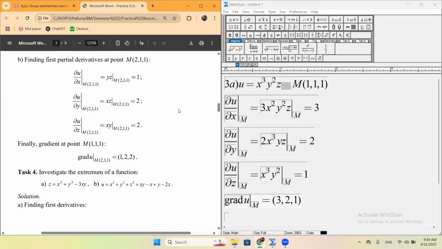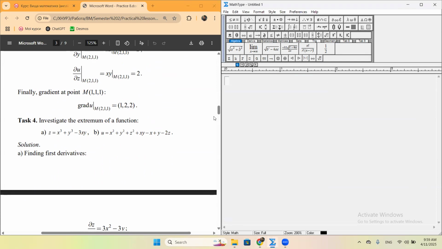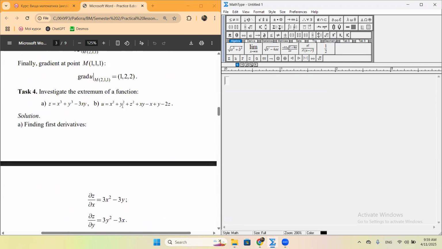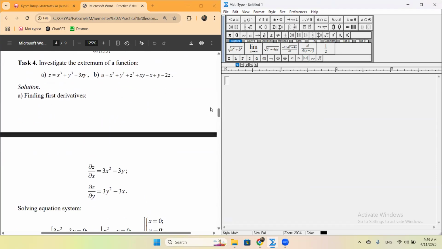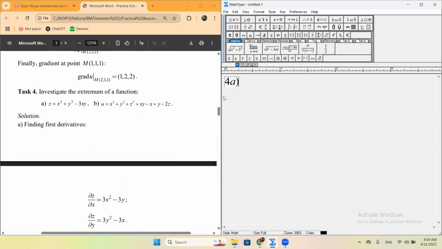Okay, if no questions, let's move to the next task. So we will investigate the extremum of the function. Again, solving A, and 3B will be your home task.